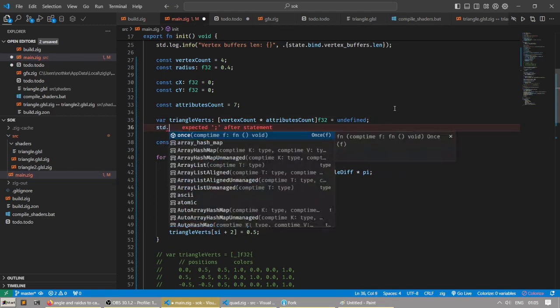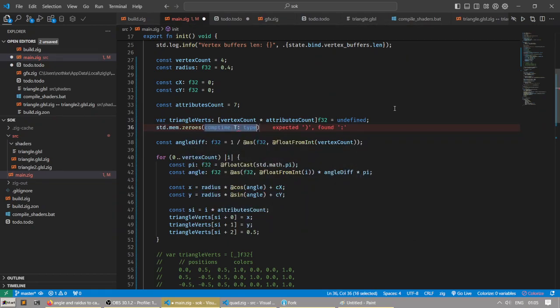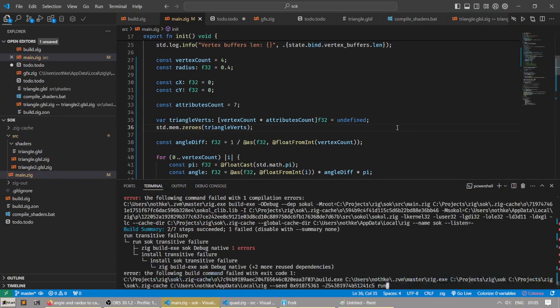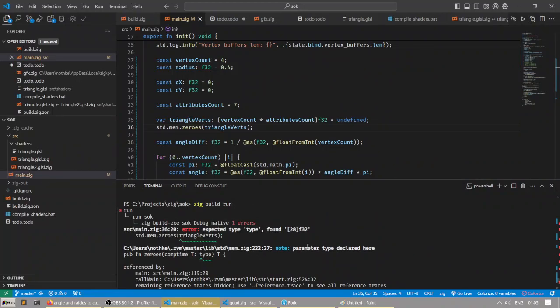Okay, can I fill this up with zeros? Can I fill this up with zeros? Please. Okay, yes, zeros. Expected type.